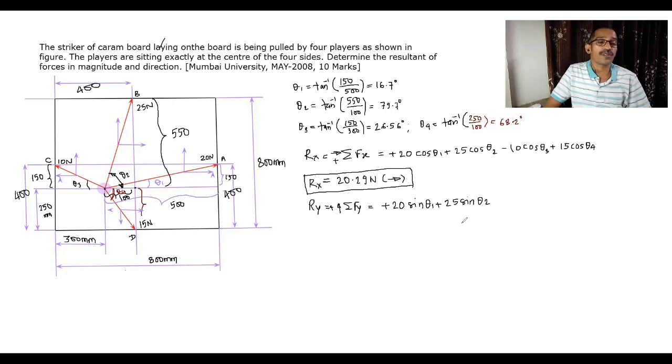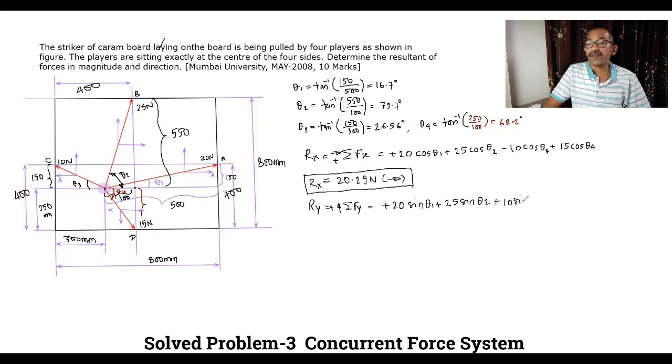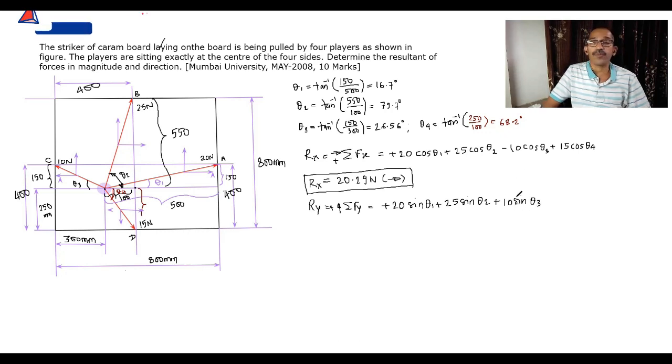The vertical component of the 10 Newton force is again upward, therefore plus 10 sine theta 3. But the fourth force, 15 Newton, has its component in the downward direction, therefore minus 15 sine theta 4. If we substitute the values of theta 1 to theta 4, Ry comes out to be positive, with magnitude 20.89 Newton.